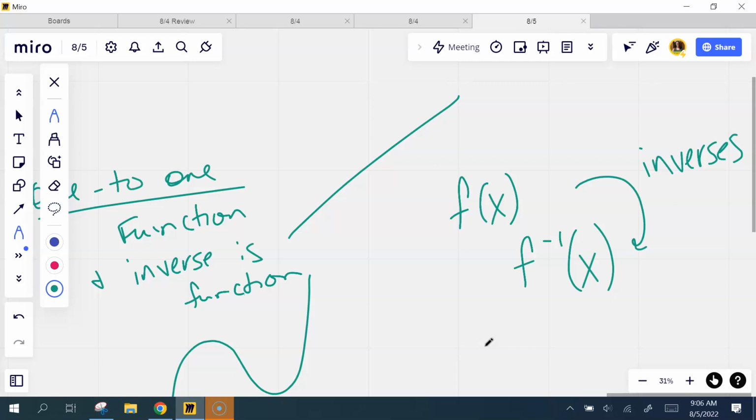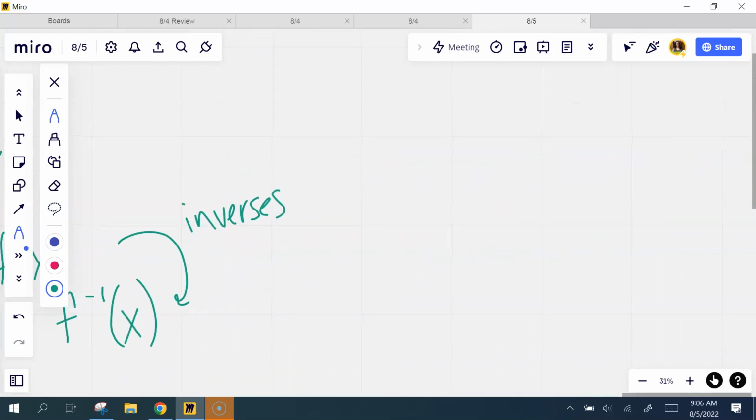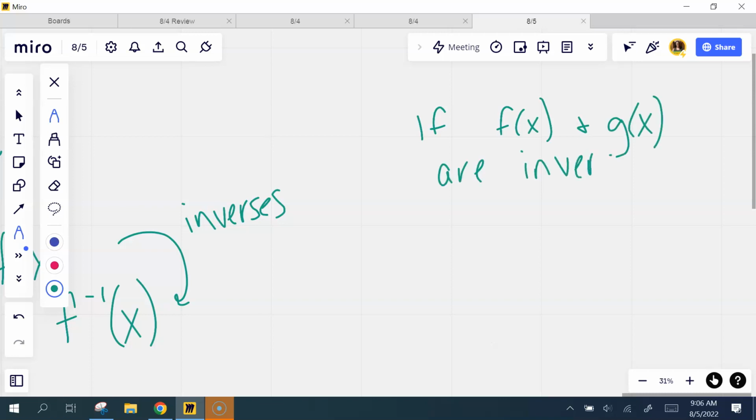change of base. We talked about logs. If I told you that these two are inverses, do you remember doing composition like this where we plug one function into the other?